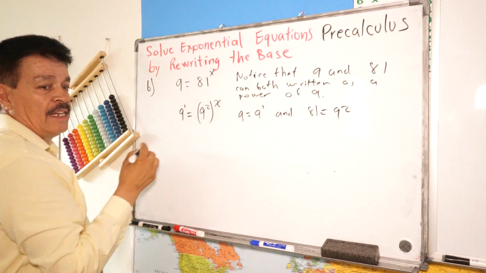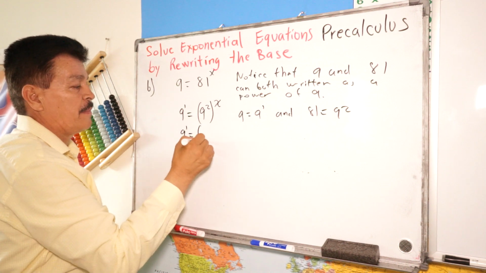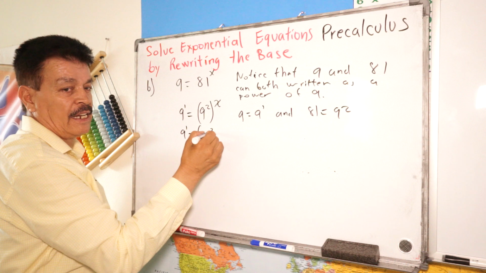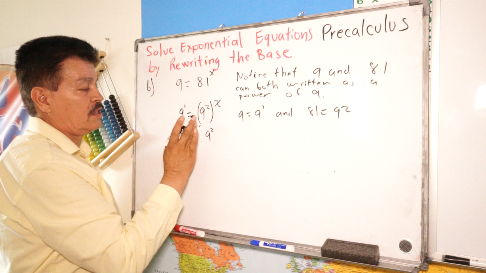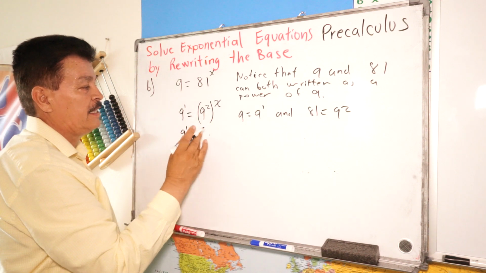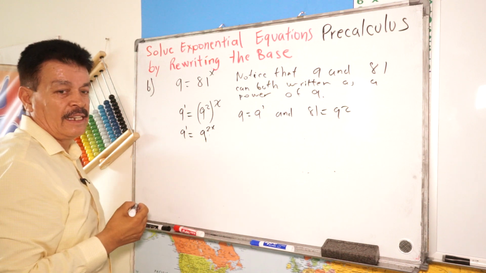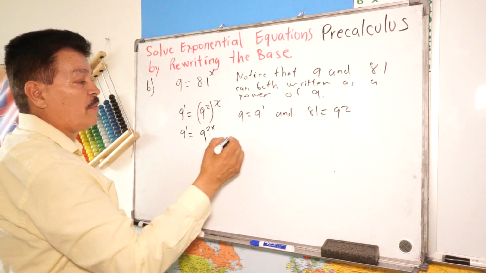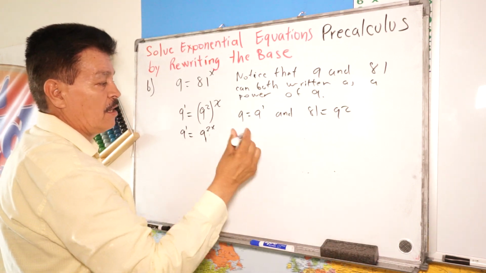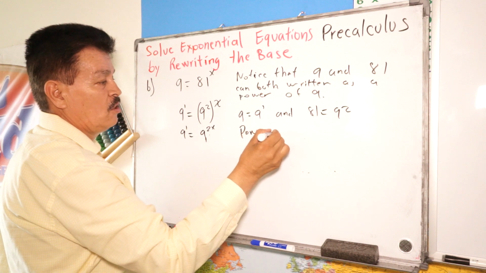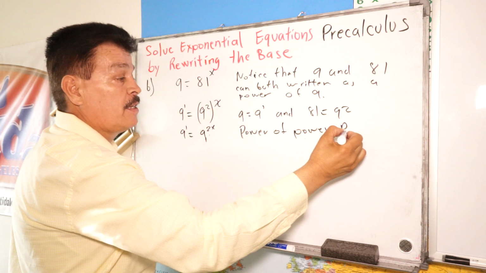Next step, 9 to the 1 power equals 9 to the second power to the x power, and we simplify. This is the power of a power property. Okay?